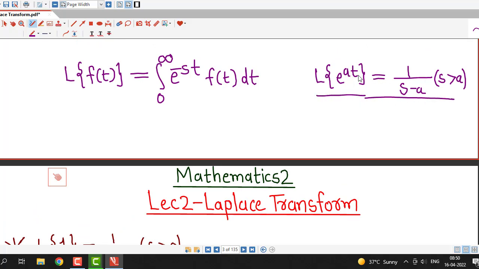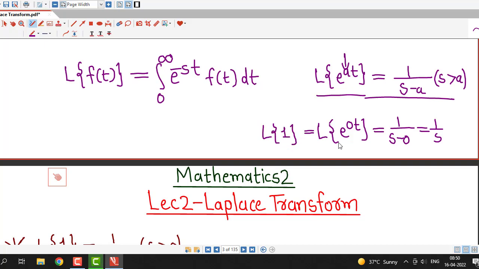If you observe that if we take this constant a equal to 0, then we will have Laplace transform of e raised to 0 t equal to 1 divided by s minus 0, that is 1 by s, and we know that e raised to 0 is 1. Therefore, Laplace transform of 1 is 1 by s.